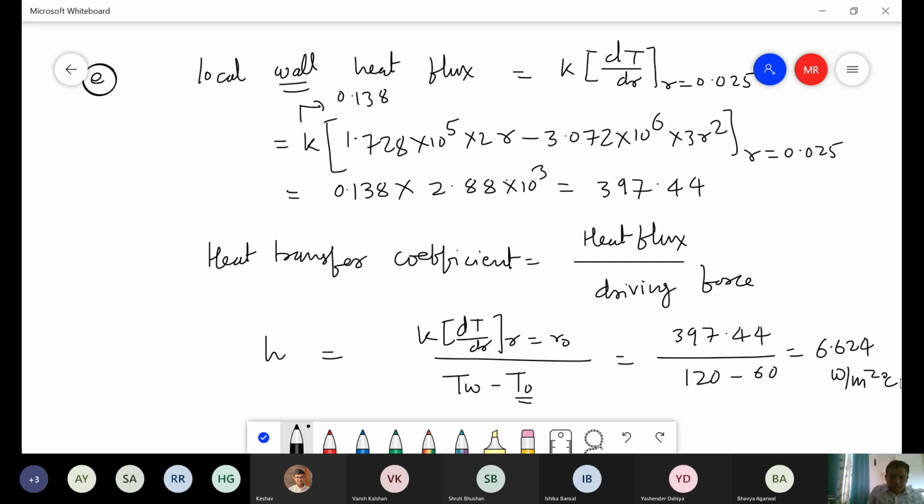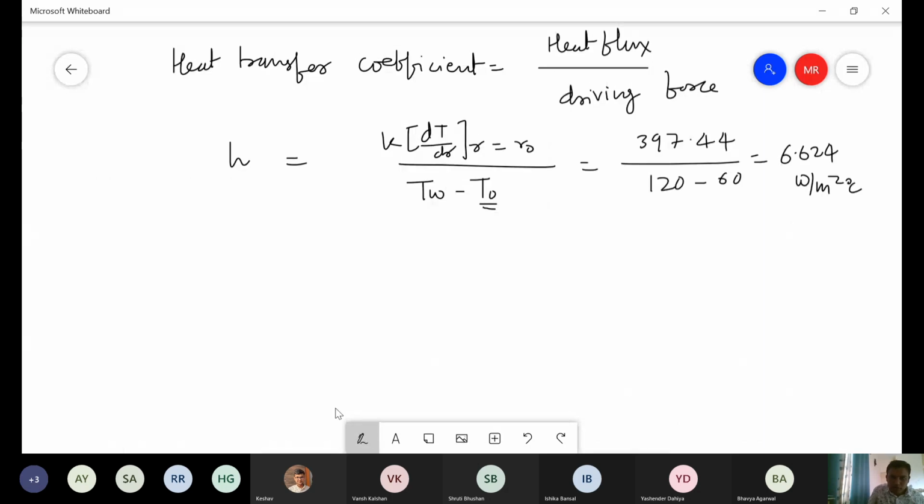What is the last part? Last part is we have to find out the Nusselt number, isn't it? So Nusselt number, I'll just quickly do it. Nusselt number in this case, this is 6.624.